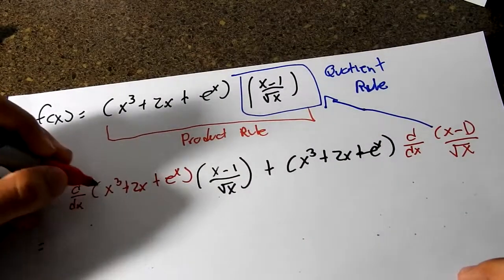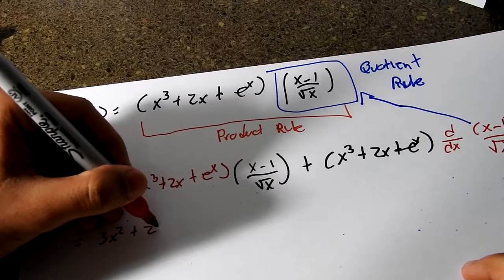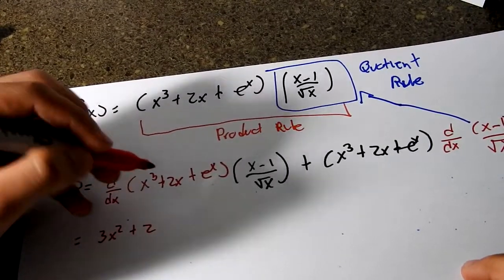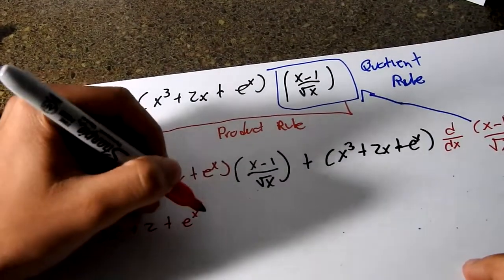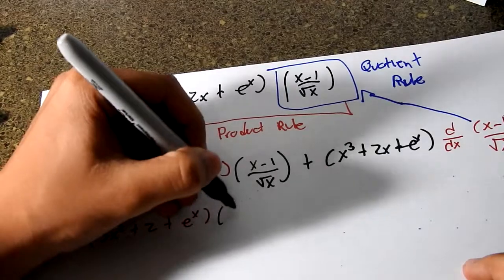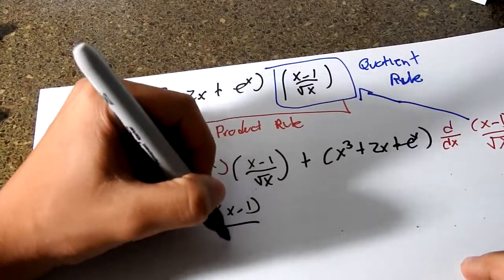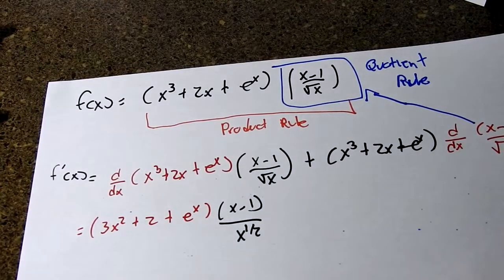So we have this derivative is going to be 3x squared plus 2x plus 2 plus e to the x times x minus 1 over x to the 1/2. I rewrite this, you'll see why.